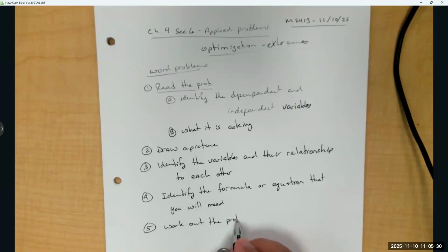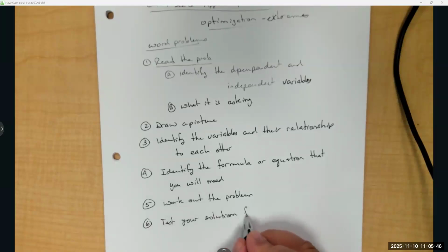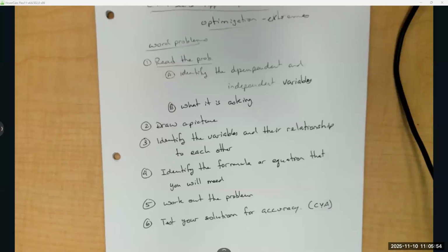Work out the problem. And test your solution. This is the check your answer part.